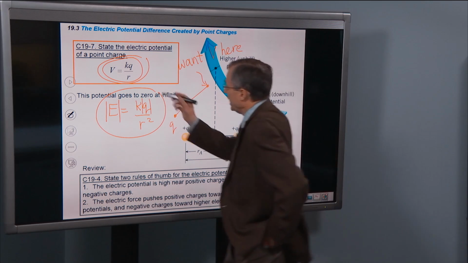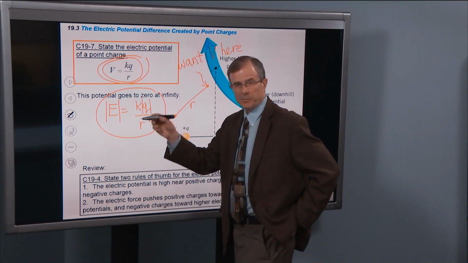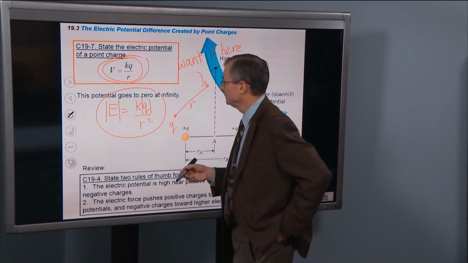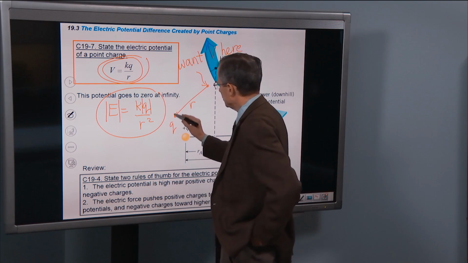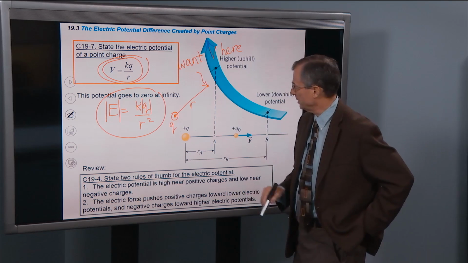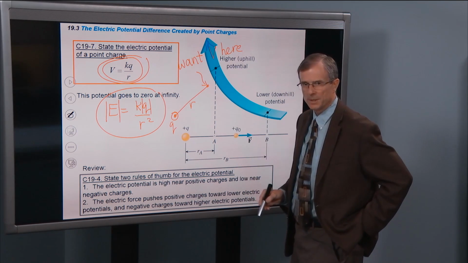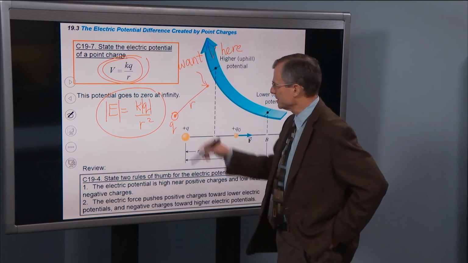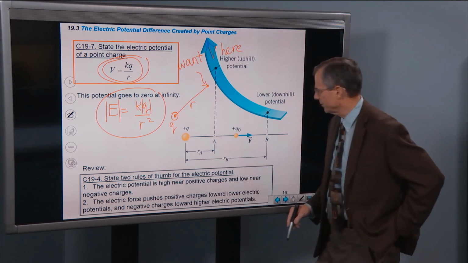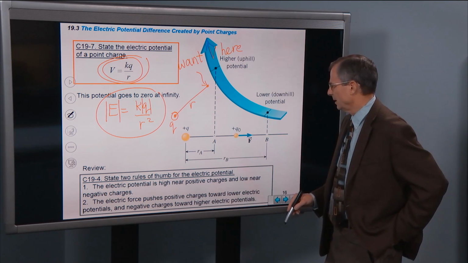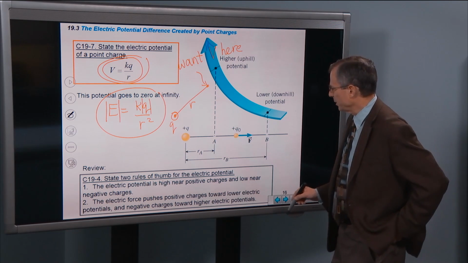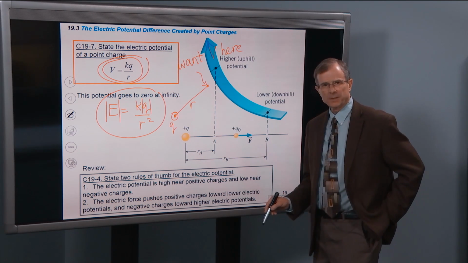Well, what is it? It's kq over r, where k is 8.99 times 10 to the 9, Q is the charge itself in coulombs, and r is the distance to the point we're interested in. So let's see if this is consistent with the rules of thumb for electric potentials. The electric potential is high near positive charges and low near negative charges.